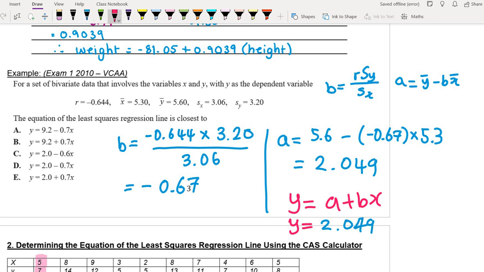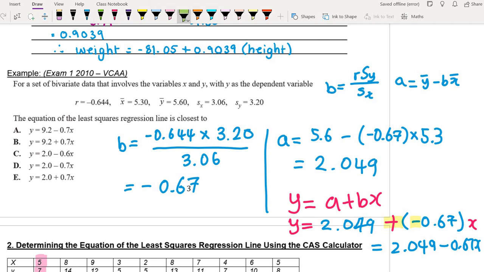And wherever you see B, in this case, because B is negative, instead of writing it like this, you should realize that when we have a negative and a positive next to each other, it does become a negative. If they were both negative, it would become a positive. So in this case, it's going to be negative 0.67x. And hopefully that's one of the answers here.